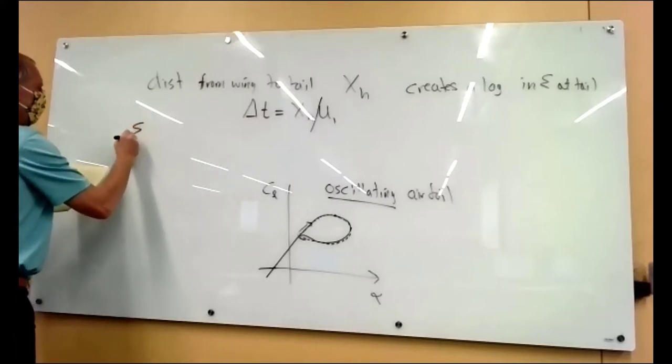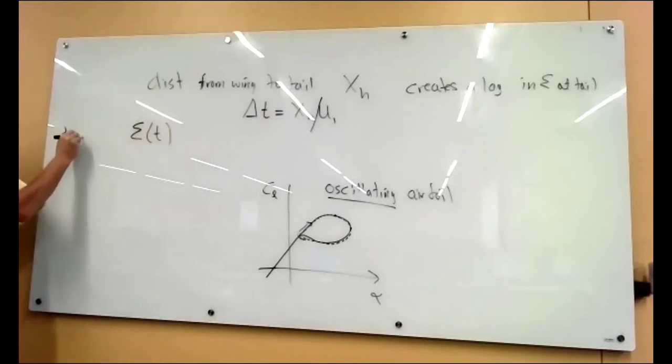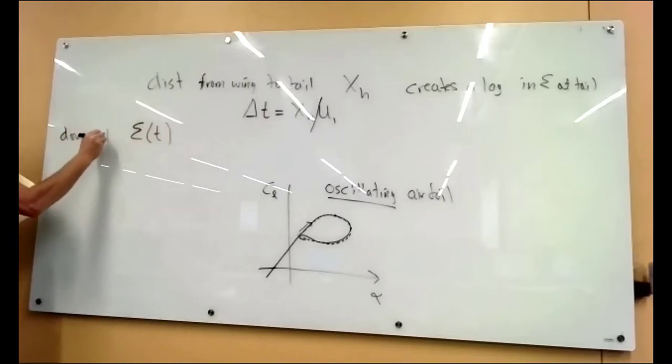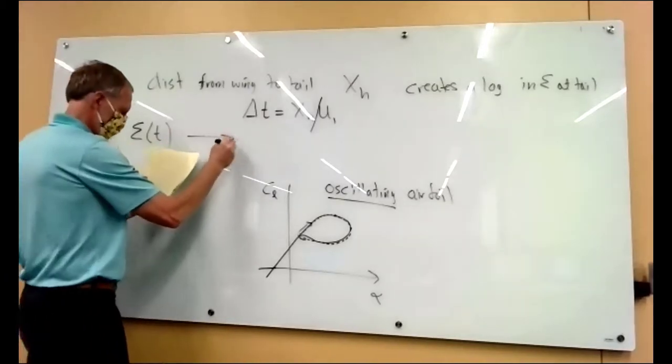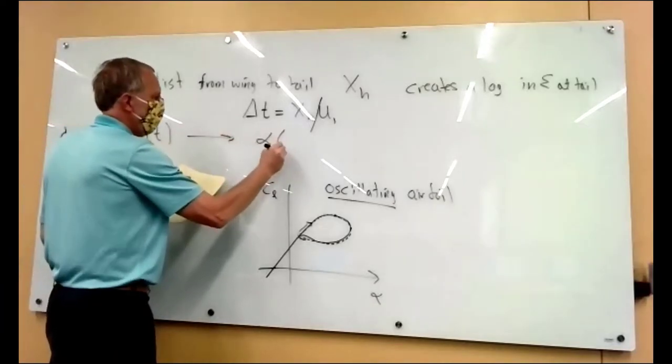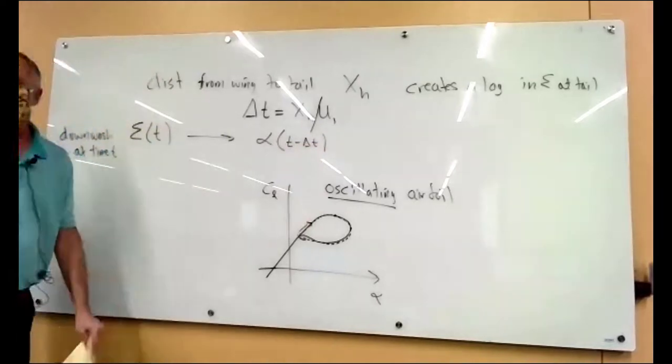So what that means is we're going to say that the downwash at time t depends on the angle of attack of the wing delta t seconds ago, because it took that long for it to get there.